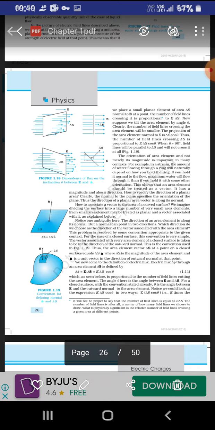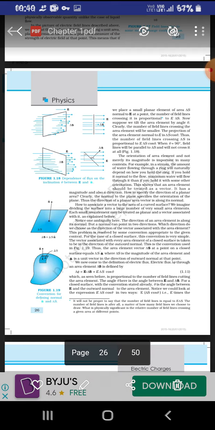The orientation of area elements, and not merely their magnitude, is important in any context. In a stream, the amount of water flowing through a ring naturally depends on how you hold the ring.